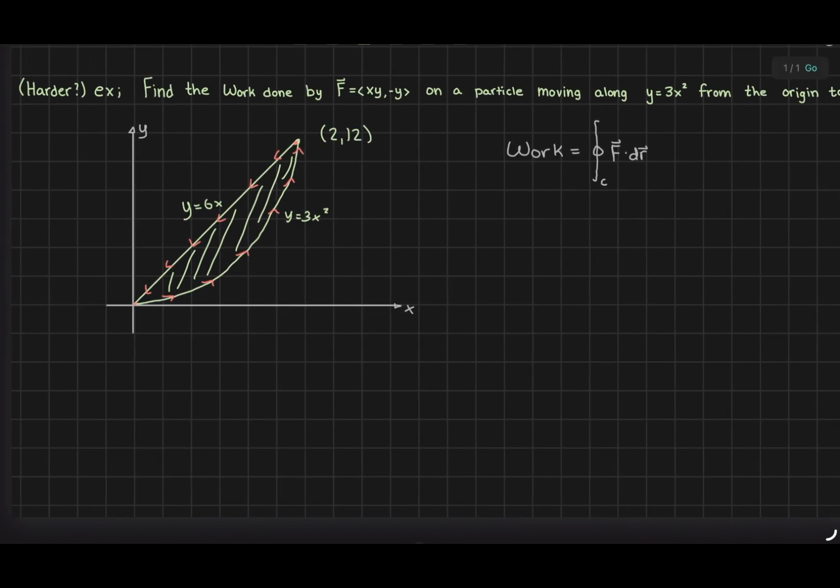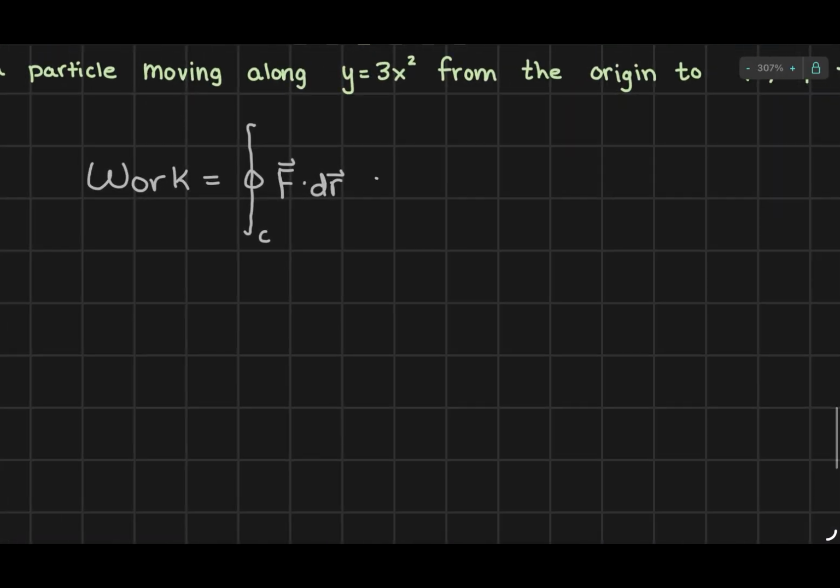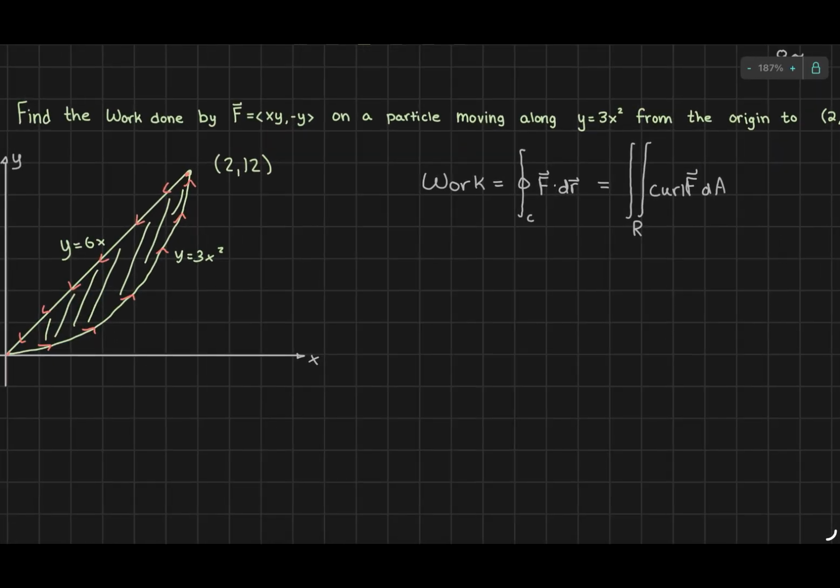We should be good to go ahead and use Green's theorem, which states that this line integral is equal to the double integral over some region R of the curl of our vector field with respect to area.